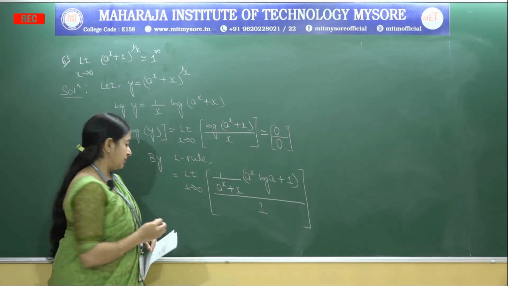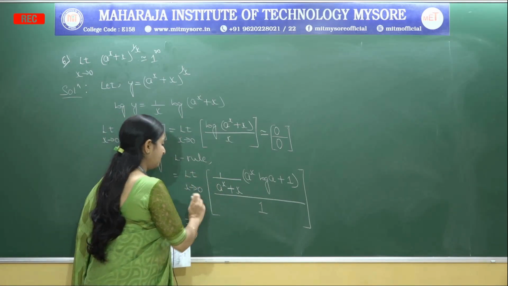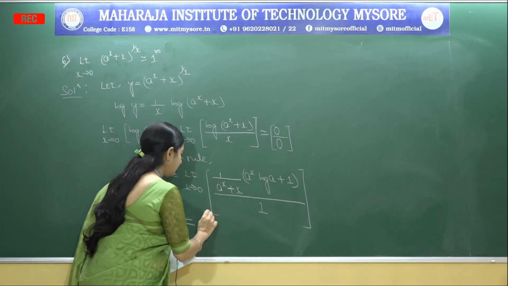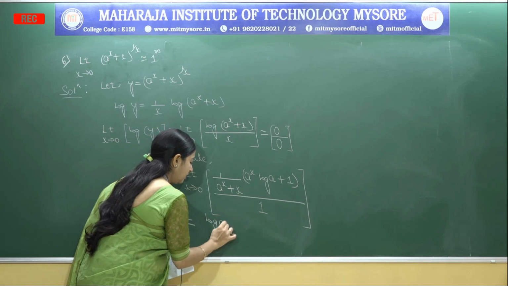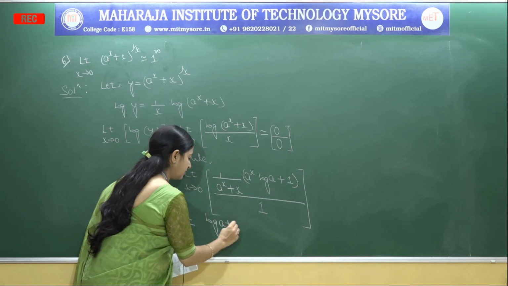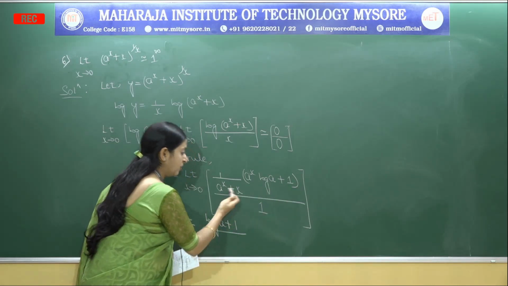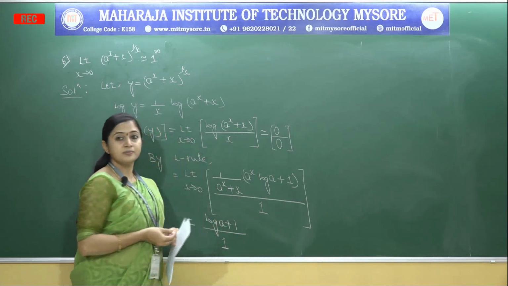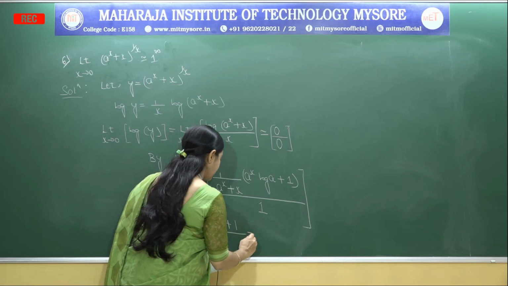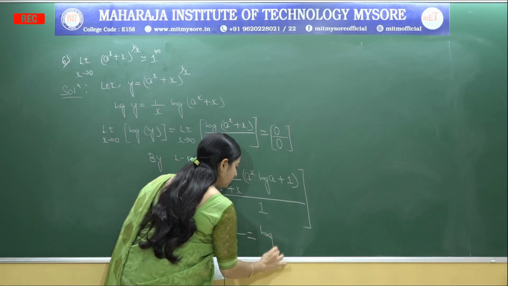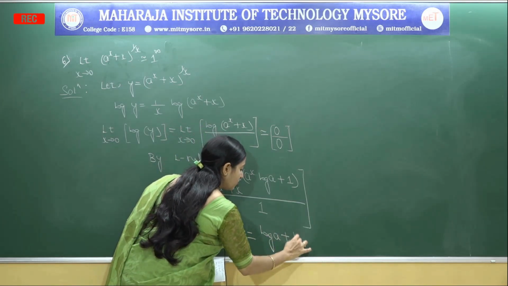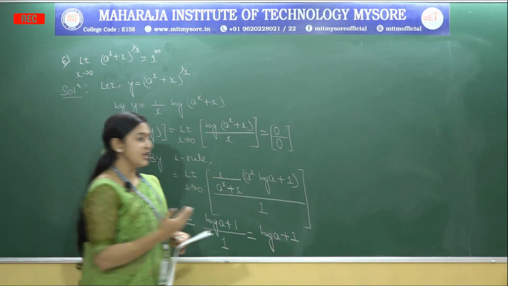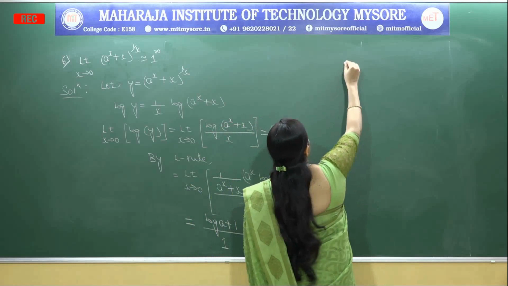Then apply the limit equals limit x tends to 0, a power 0 is 1, you will get the log a and you have the plus 1, denominator a power 0 plus 0, a power 0 is 1, you will get the 1. This part equals log a plus 1. In the left part, you interchange the log with limit.